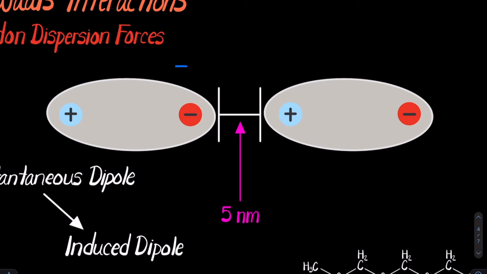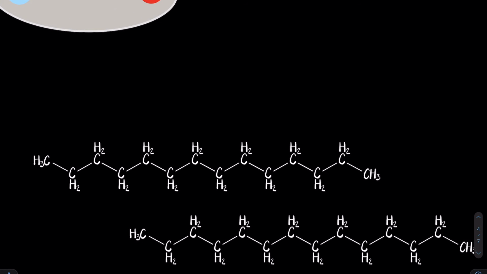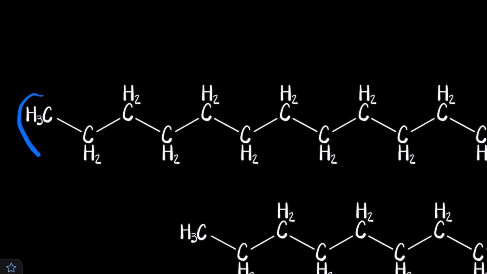So this negative is going to interact with the positive, and it's just going to keep on going, forming more instantaneous dipoles and induced dipoles. We see this with long hydrophobic chains, since this is the only interaction that they undergo. At any instant, this portion of the molecule could become partially negative, this portion could become partially positive, and therefore they'd interact with one another.